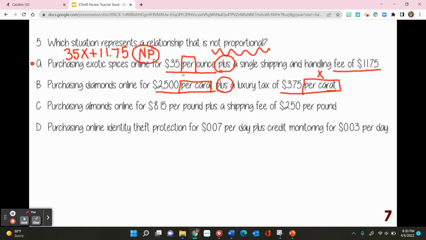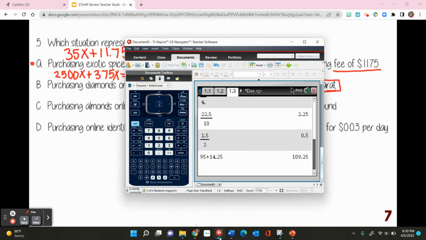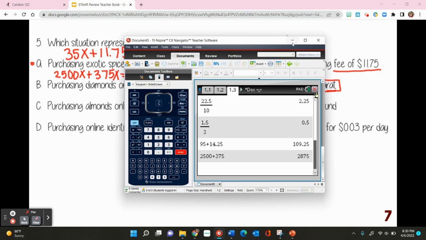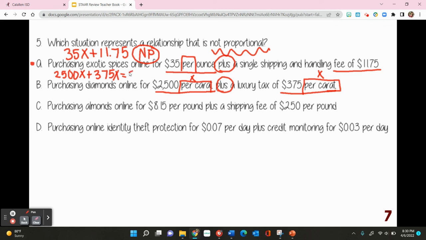So this is indicating x, and this is also indicating x. So I have 2,500x plus 375x. And since they both have x's, that means I can combine them. And when I combine 2,500 plus 375, I get 2,875x. Since I was able to combine them, this is proportional.